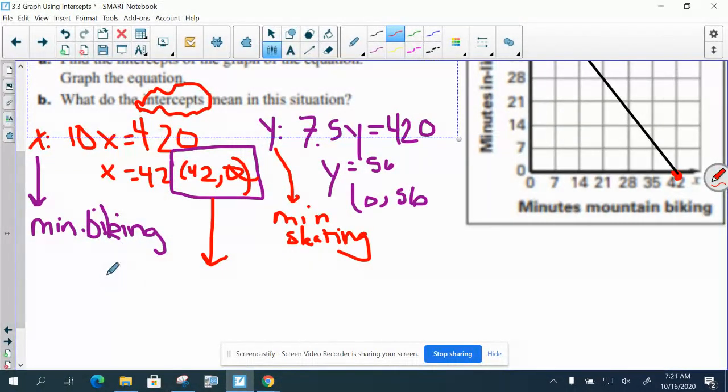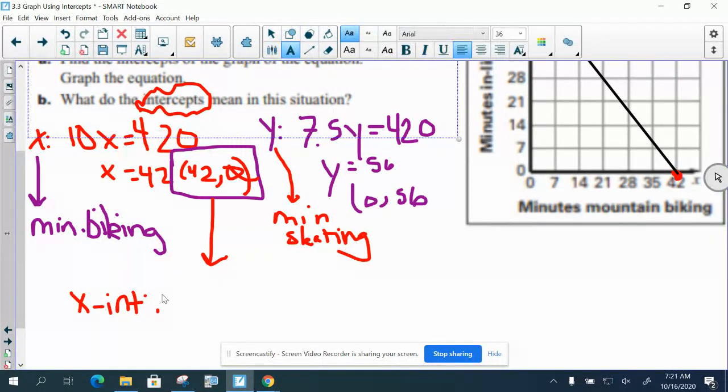So we can say for the x-intercept, and I think I'm just going to type this out here. Let me make the font a little smaller.